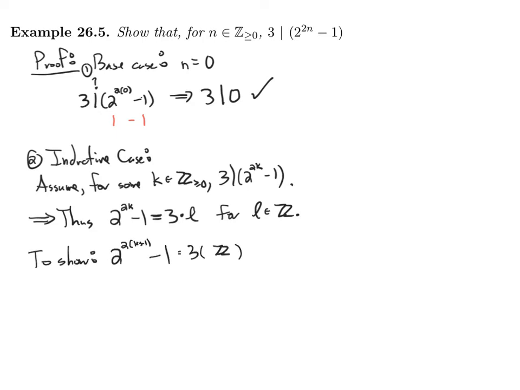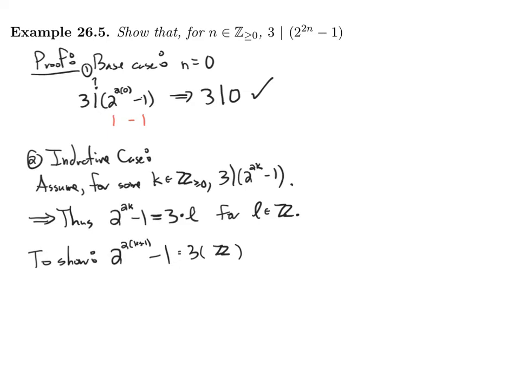We want to show that this is true for the next number up from k, k plus 1. We want to show that 3 is a factor of 2 to the 2 times k plus 1 minus 1.